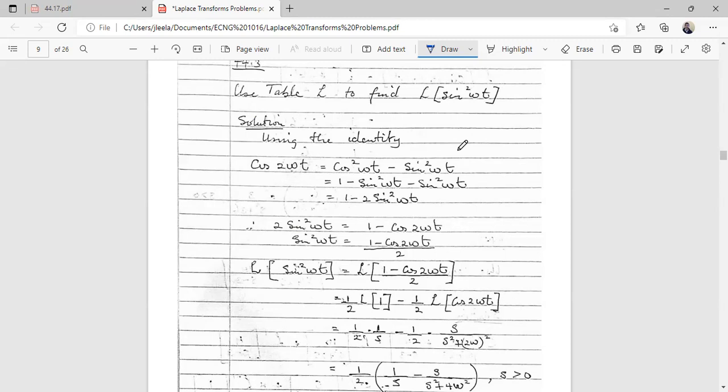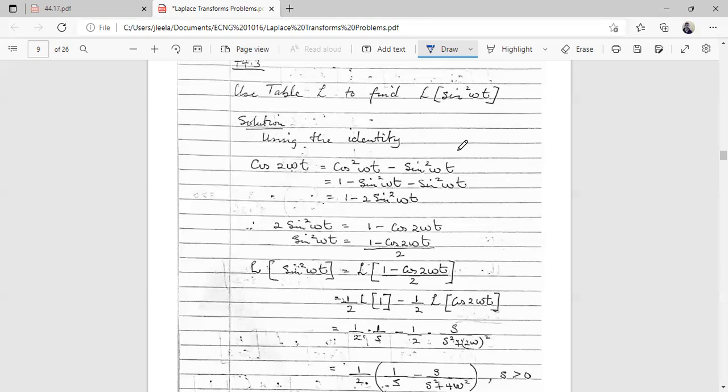Using the identity, cos 2ωt is cos squared ωt minus sine squared ωt. And the cos squared ωt, you can write as 1 minus sine squared ωt, so cos 2ωt is 1 minus 2 sine squared ωt.